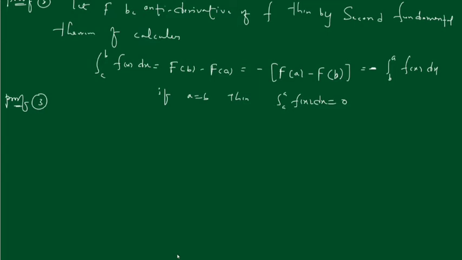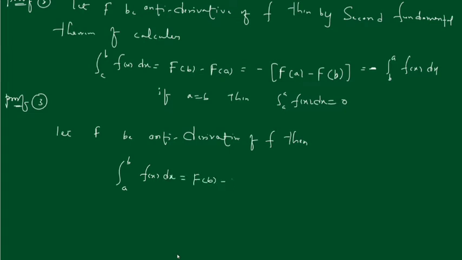So next, property 3. Again, let F be an antiderivative of f. Then we have integration a to b of f of x dx equals F of b minus F of a.